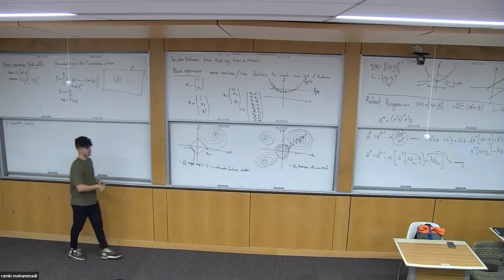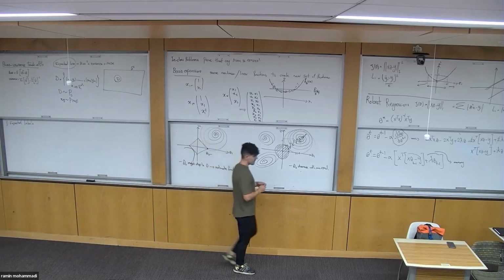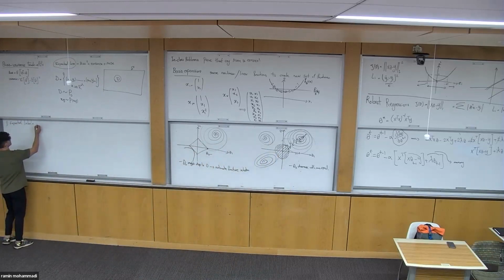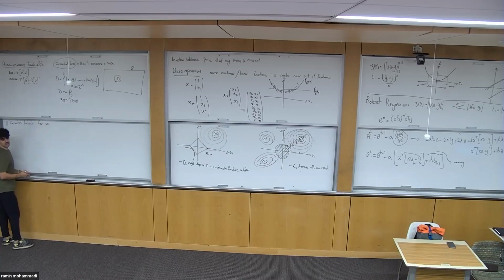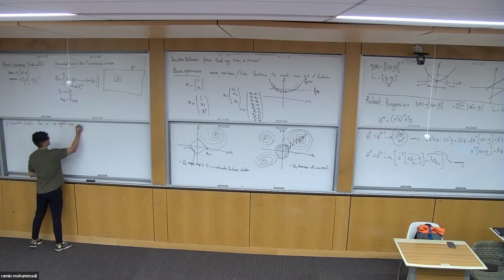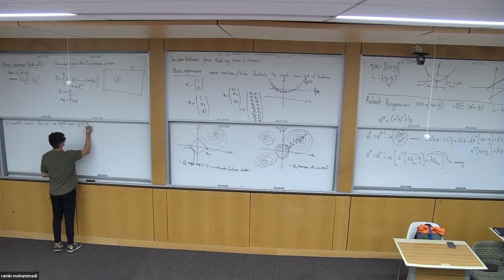So, expected label. Let's say for xi, we might have yi comes from a distribution, or comes from a set of yi.